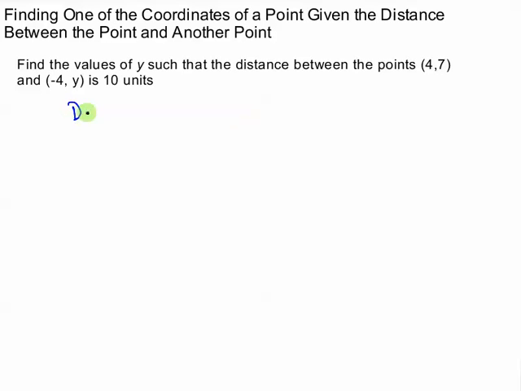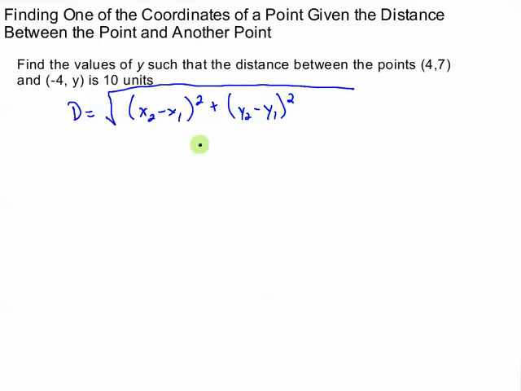Remember, the distance between 2 points is the square root of the difference in the x values, so in this case, let's just say (x2 - x1) quantity squared, plus the difference in the y values squared. And so in our case, the x values are 4 and -4, and the distance is 10.